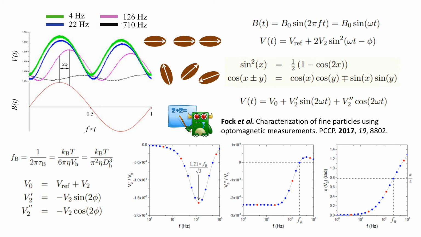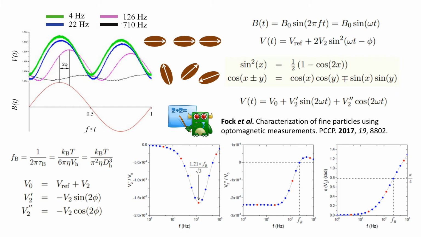At different frequencies of the magnetic field oscillation, at low frequency the magnetic nanoparticles can perfectly follow the field, and there is a significant optomagnetic effect detectable. As the frequency increases, the effect decreases, with almost no optomagnetic effect detected at 710 Hz. The reason behind it is that magnetic nanoparticles keep a random orientation at a highly oscillating magnetic field.